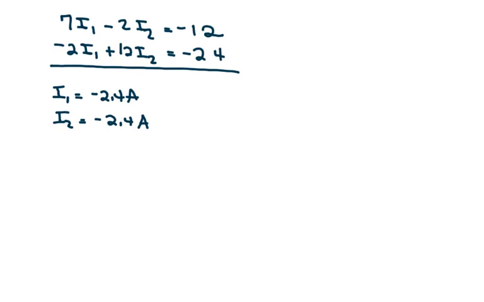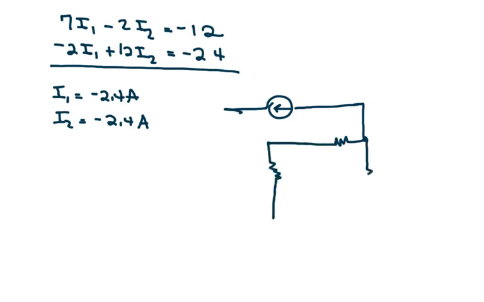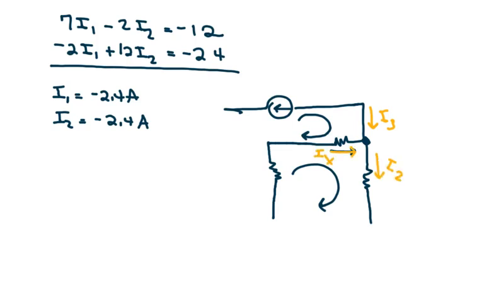If we look again at the circuit, we had I2 here, and I3 there, which was the 4 amps. At this node here, we have I3 coming in, I2 coming out, and Ix coming in.